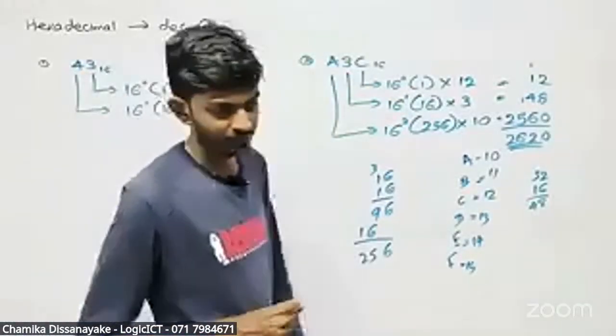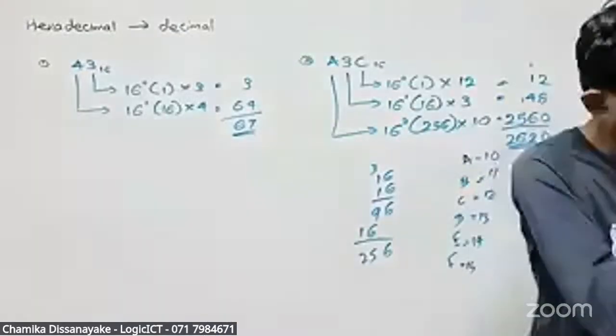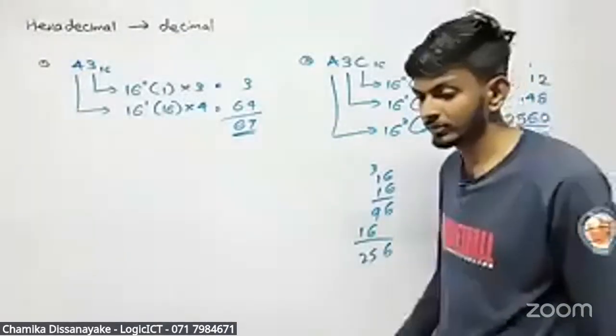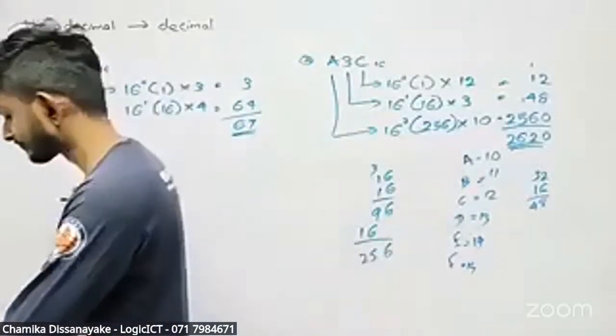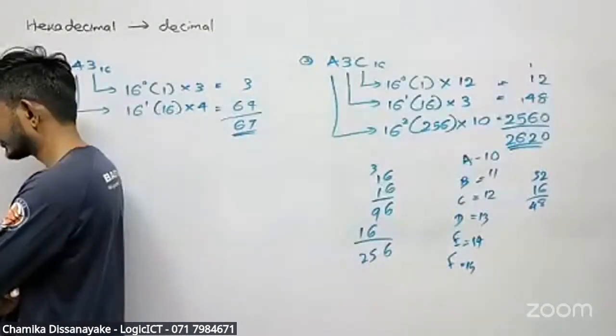Let's write like this. Just put the topic: hexadecimal to decimal.